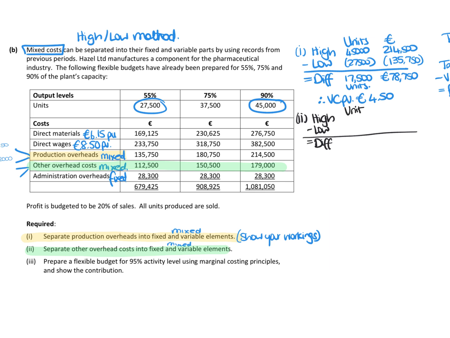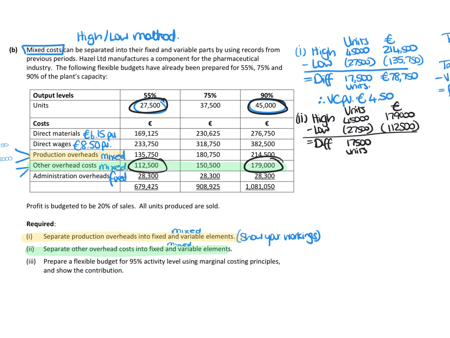So the units are the exact same, but I'll just write it out again. The high is 45, the low is 27. Again, 17,500 units. Then the euros, the high 179, the low 112.